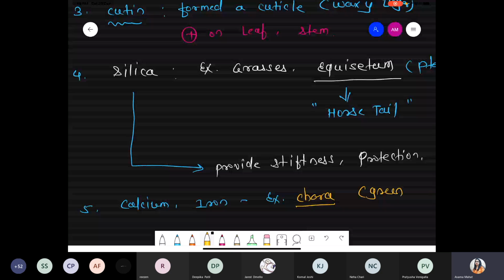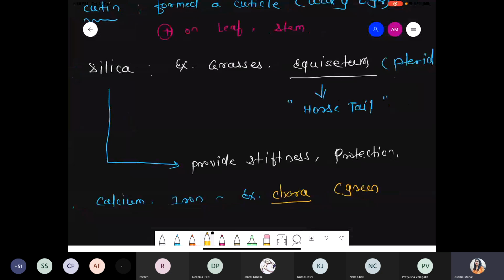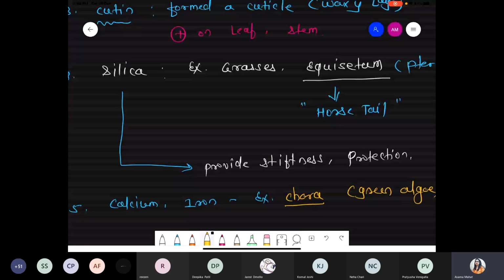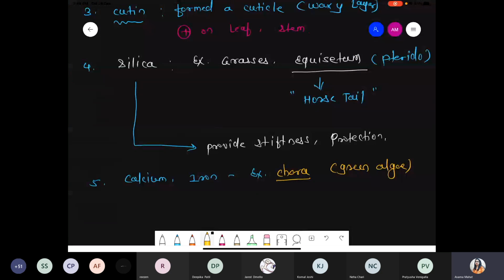These are also called stoneworts because it is a deposition of material like calcium and iron. It is the exception case in green algae. So it is a part of the green algae, Chara, where inside the cell wall deposition is present in the form of calcium as well as iron. Okay, done this part.